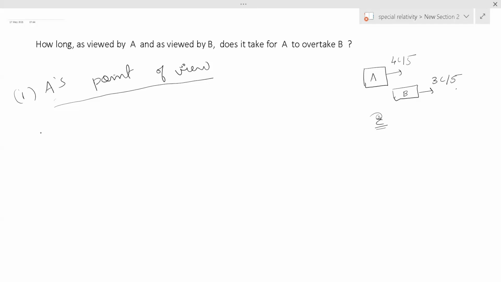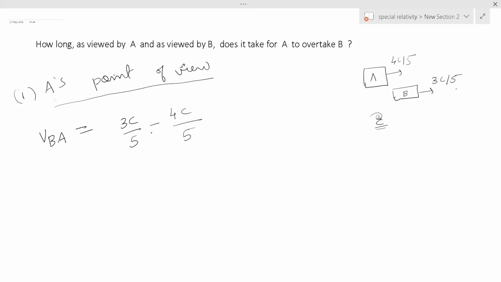We need to find the velocity of B as observed by A. The velocity of B as observed from the ground is 3c by 5, and the velocity of the frame of A itself is 4c by 5.